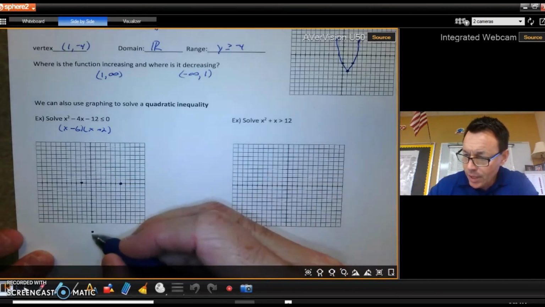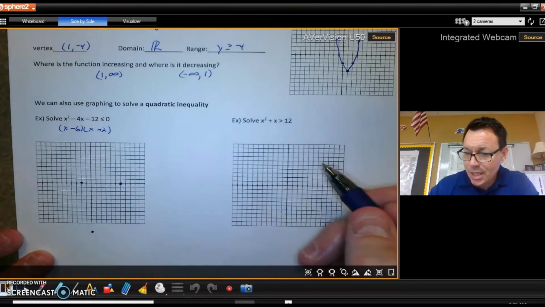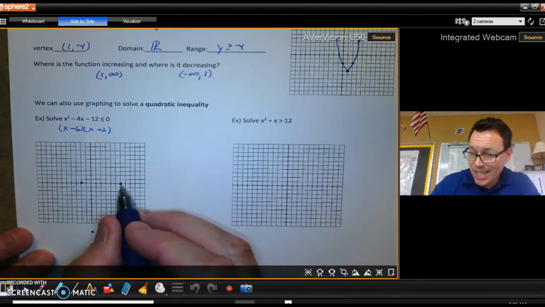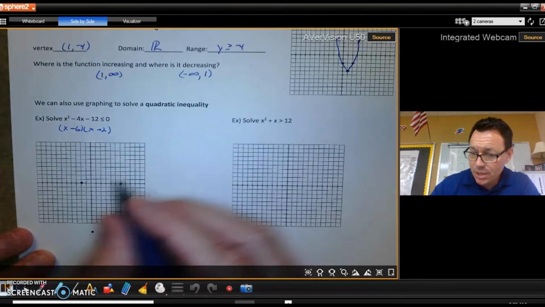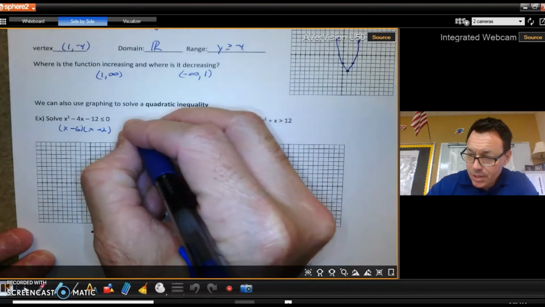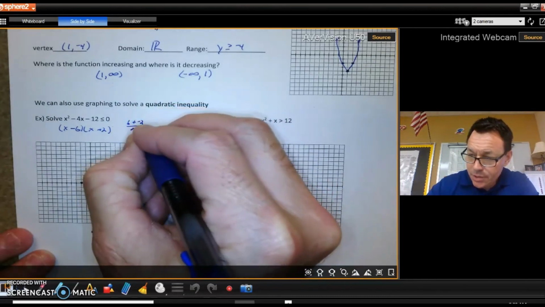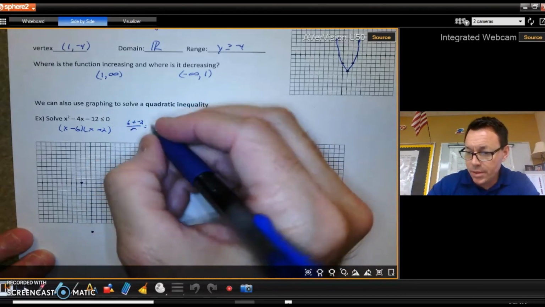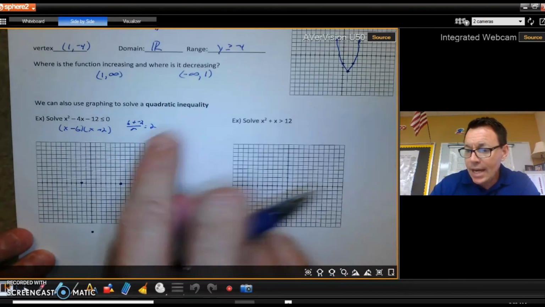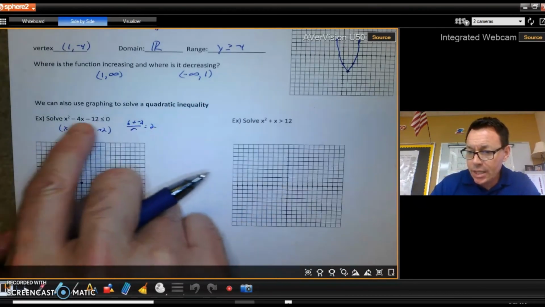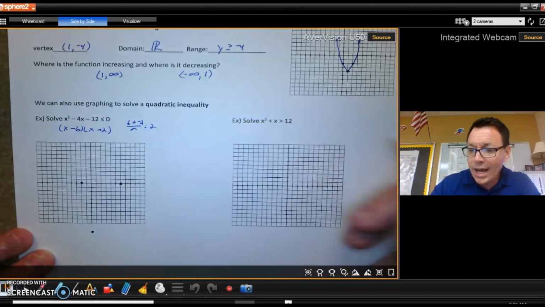All right, so I got my y-intercept, I got my x-intercepts. If you wanted to know your vertex, what did I say? 6 and negative 2. So 6 plus negative 2 divided by 2 would be, well, this is 4 divided by 2. And then I'd have to plug that 2 in to figure out what the y value is.